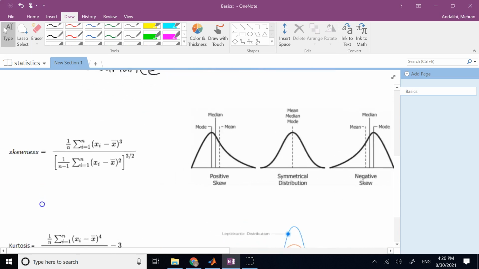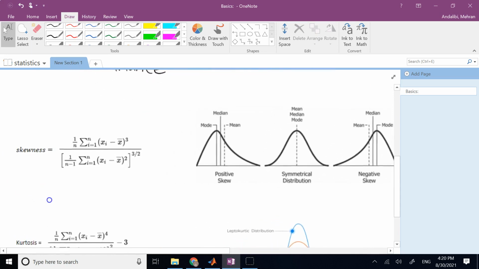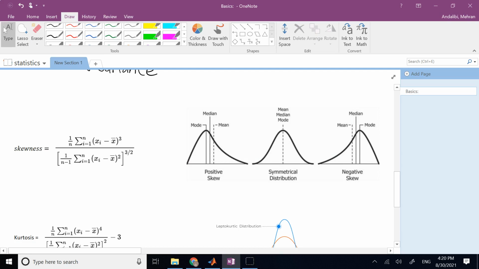Now, one of the things that I mentioned earlier, but now we need to talk about mathematically, is skewness. Skewness means whether the data is symmetric about the center, or it is skewed positive, or it is skewed negative. If the long tail of the data is on the right side, we say it is positively skewed.